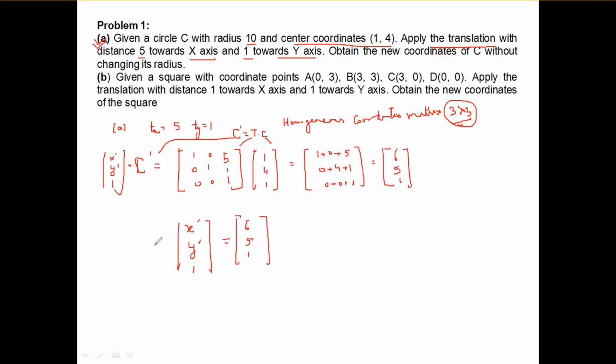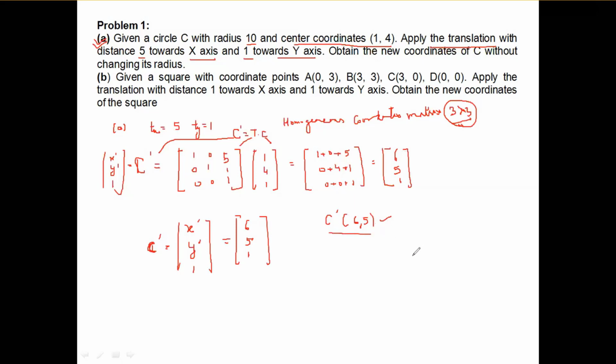So C dash, the new center, is 6 comma 5. Simply, we receive the Cartesian coordinate values from the homogeneous coordinates by taking 6 by 1 and 5 by 1, which leads to 6 comma 5 as the center of the new circle.